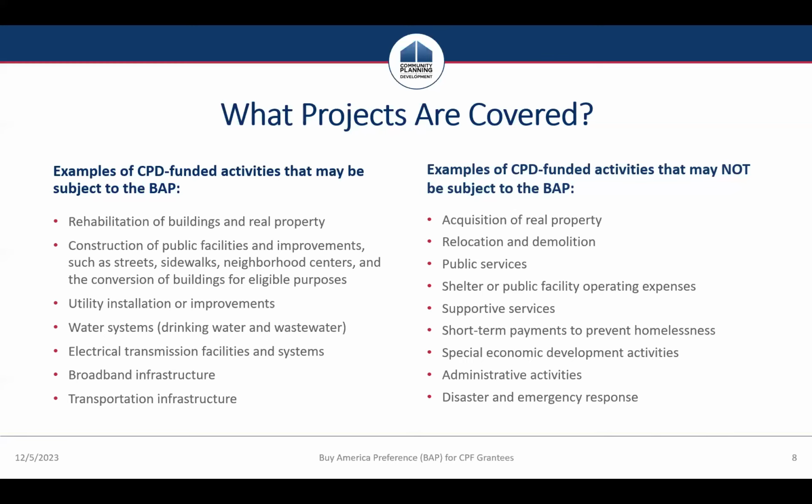It could include rehab or construction of buildings and real property, development or the rehab of public facilities or community improvements, infrastructure improvements, utility installation or improvements, updating or improving water systems, electrical utilities, broadband infrastructure, transportation infrastructure. Those would all be activities that could qualify as meeting the definition of infrastructure.